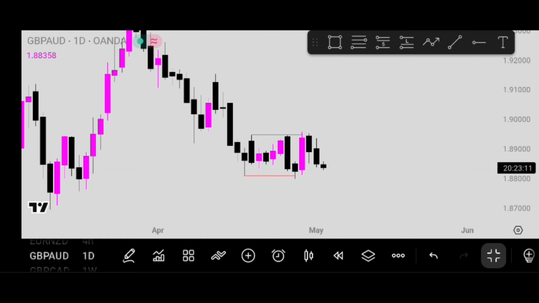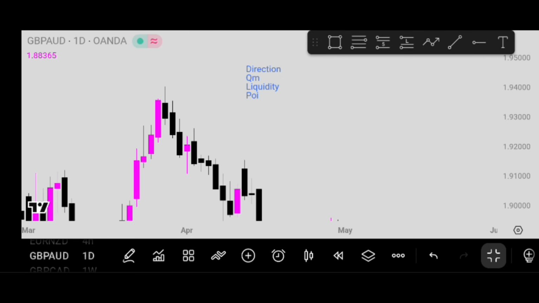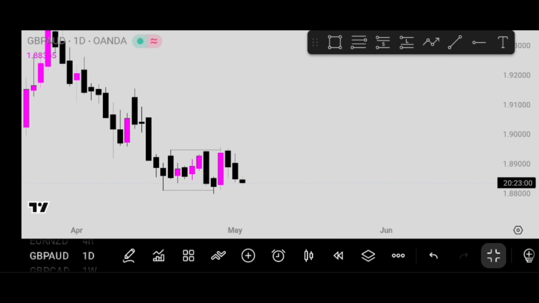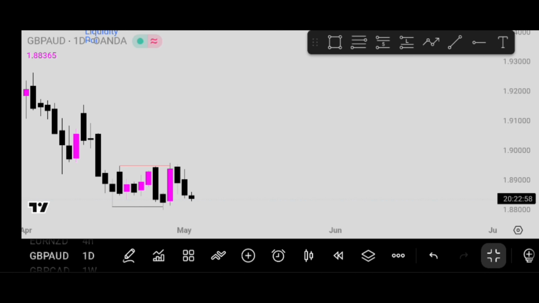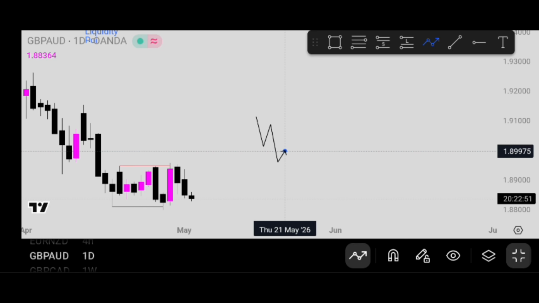So since we have got our direction, then we are going to look for our HOM. Now in this scenario, we are going to look for a bullish HOM. We said a bullish HOM, we having price moving to the downside, then eventually price breaks.